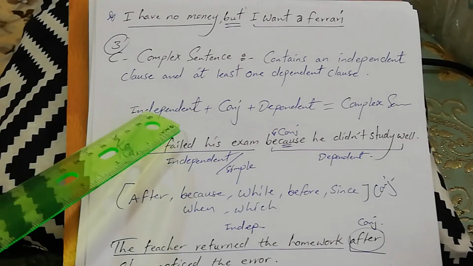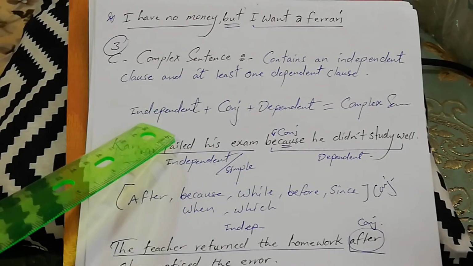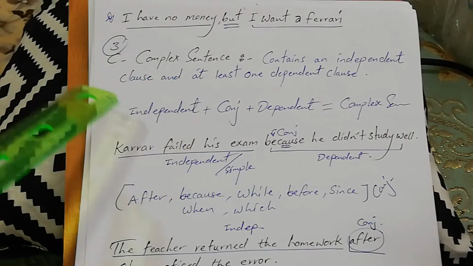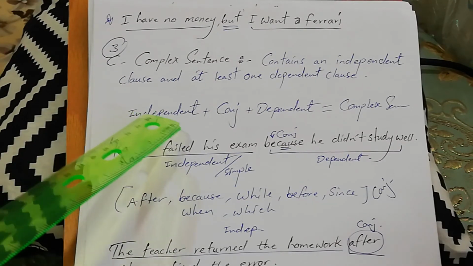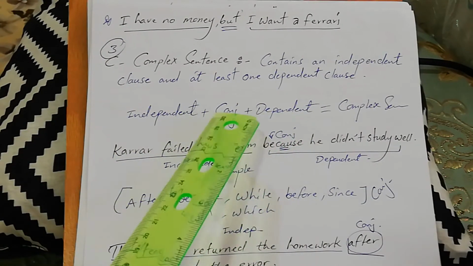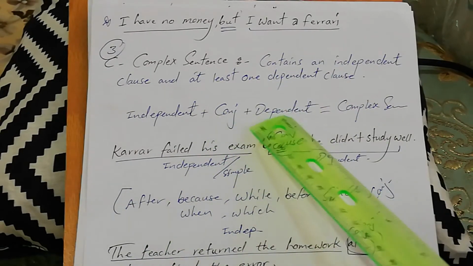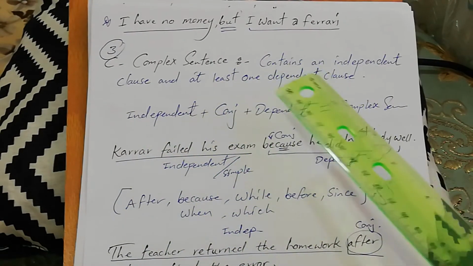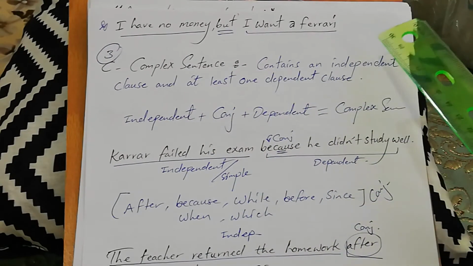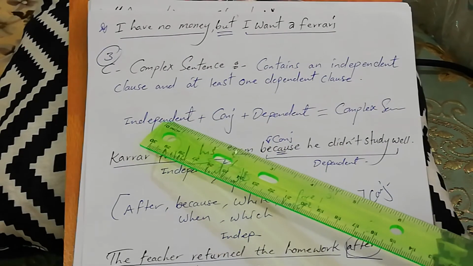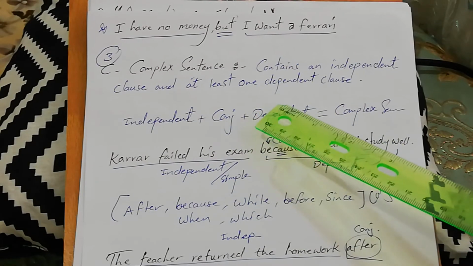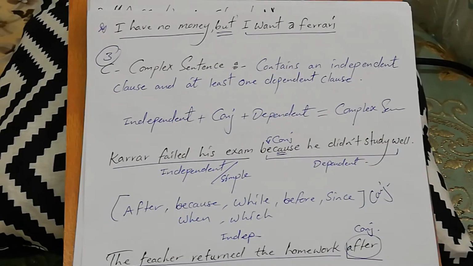هي ما توصل لنا فكرة كاملة. فأنا هنا كاتب لكم الجملة الكومبلكس سنتنس تحتوي على independent مستقلة و dependent joined by conjunction، هنا يساوي complex sentence. فالشق الأول اللي هو independent والشق الثاني اللي هو dependent، مو اثنينهن independent شلون ما كان بالcompound sentence. لا هنا الوضعية تختلف.